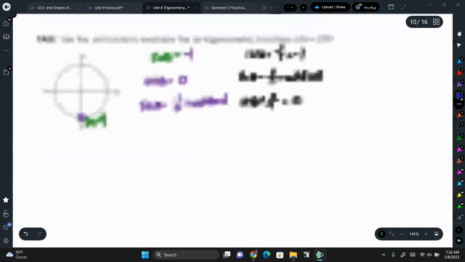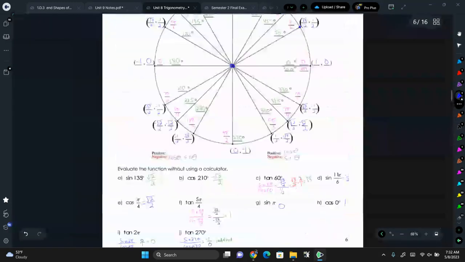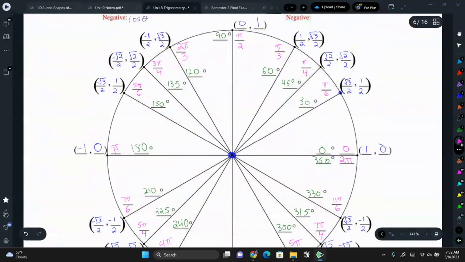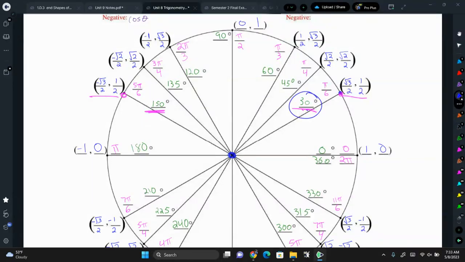So, looking back at the unit circle up here, we talked about how we have some symmetry, maybe 30 degrees right here and 150 degrees, and how those two angles have the same sine and cosine values, just the sign is different. So what reference angles allow you to do is get your first quadrant angle, so 30 degrees, and then change the signs of your coordinates based on what quadrant theta is in.